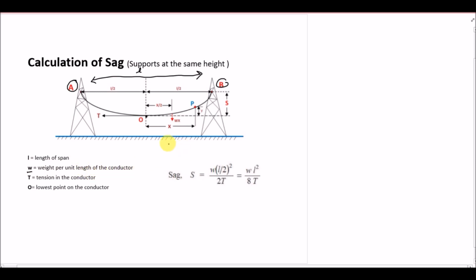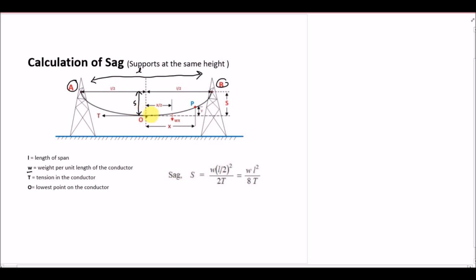So we want to calculate the sag, and sag is this height. Sag is the difference between the point that connects the support points where the conductor is attached and the lowest point of the conductor.